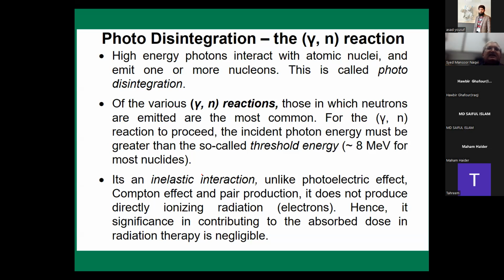And the process is inelastic, and unlike the photoelectric effect, Compton effect and pair production, it does not produce directly ionizing radiation, that is the electrons or other charged particles. So its significance in contributing to the radiation dose to patients in radiation therapy is not very high.